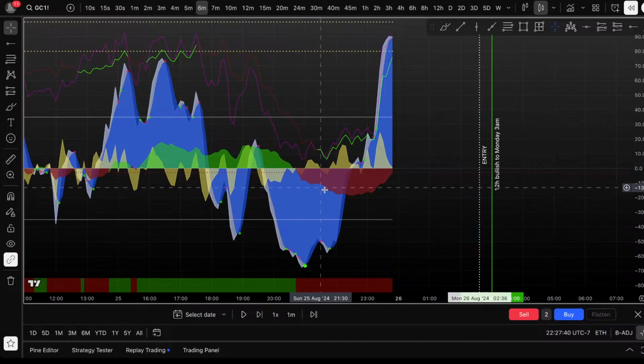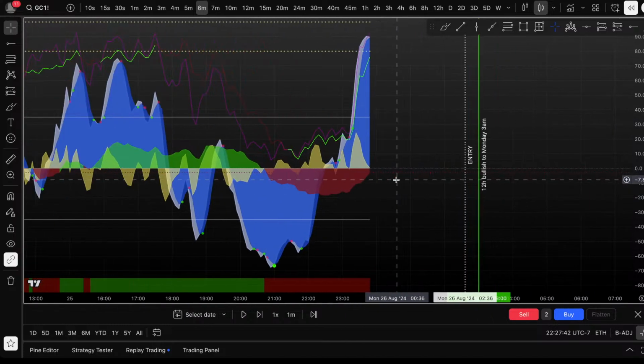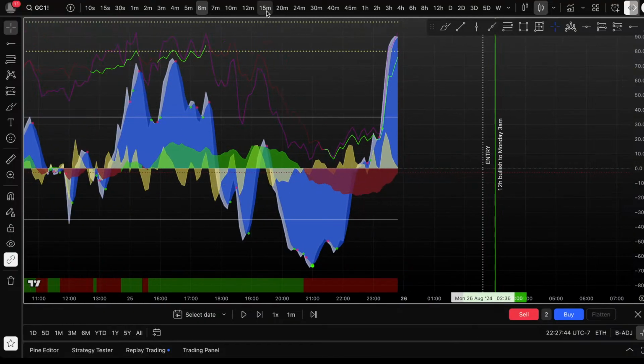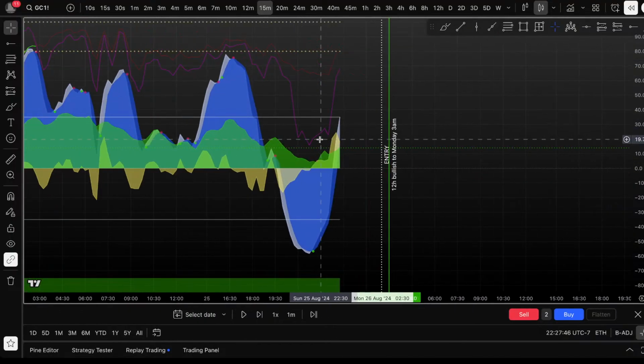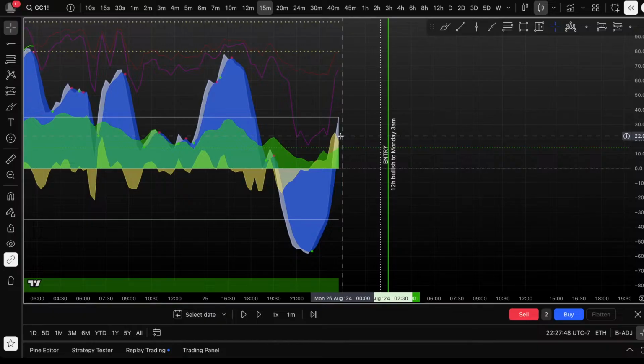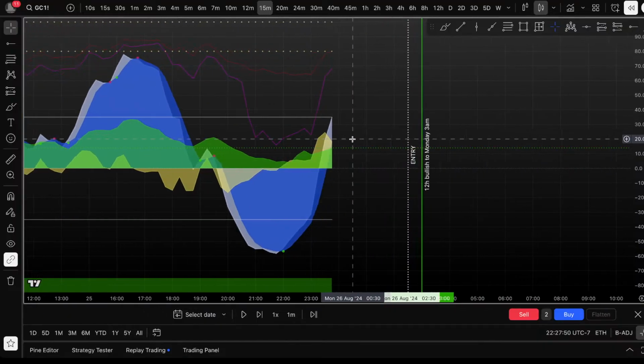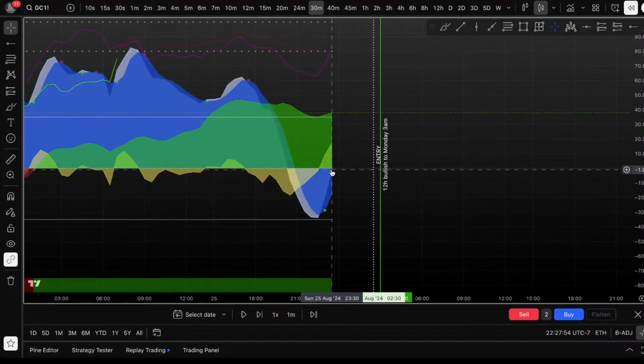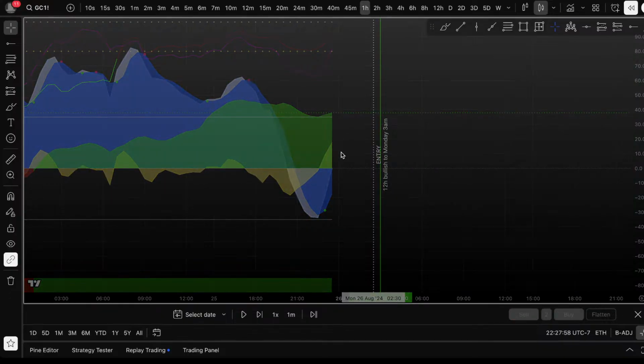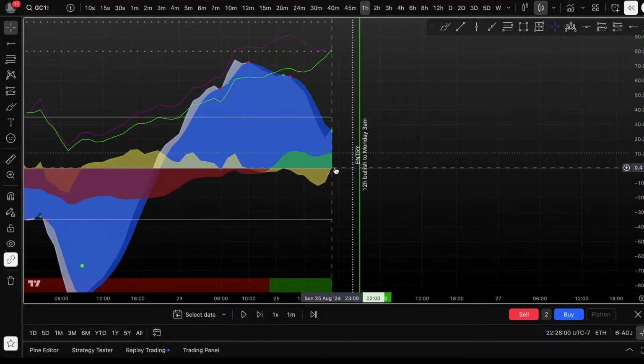Look at the money flow on the 6. Somebody, please tell me you see this. Tell me you see this on the 15. The 30s pushing to midnight. The 1 hour is pushing to midnight, just getting started.